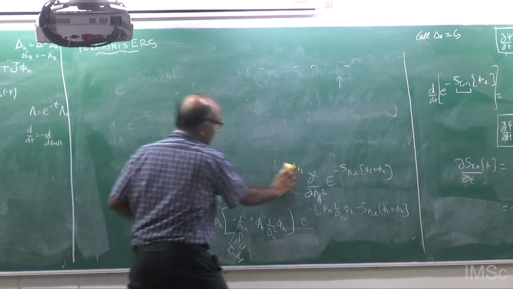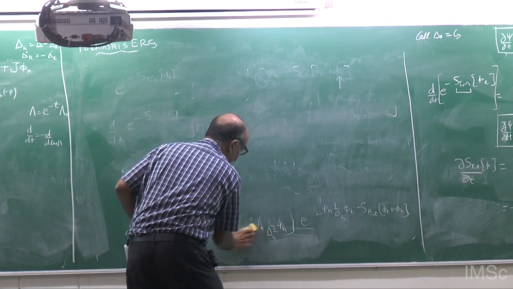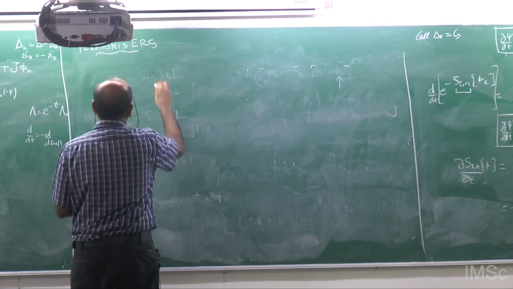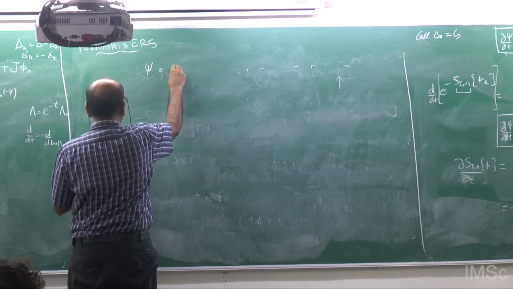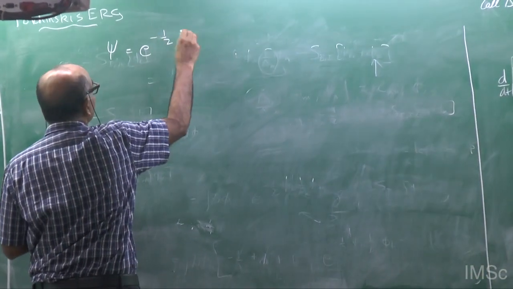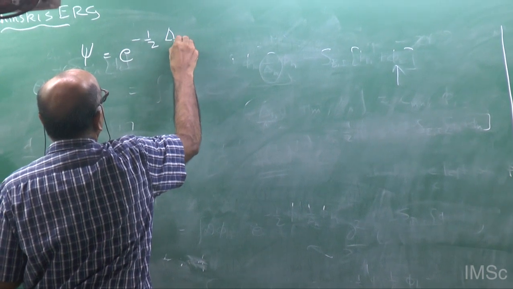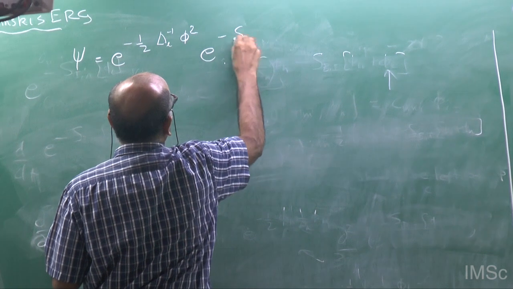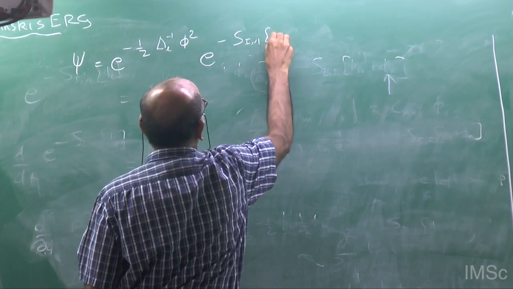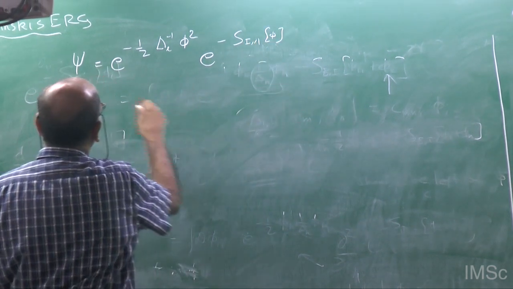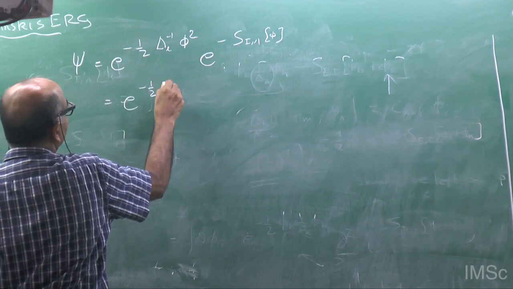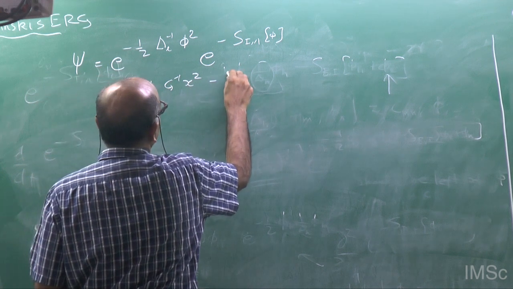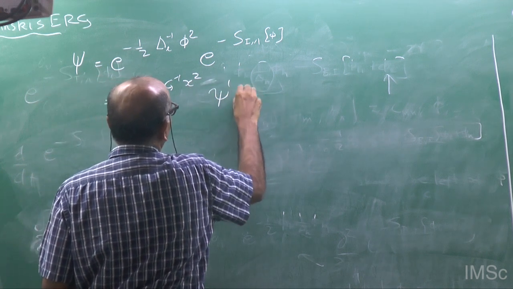I'll write down Polchinski's equation for the full S, and that will look a lot like Wilson's equation. The full S is defined by this object, e to the power of minus half delta L inverse phi squared times e to the power of S I lambda phi. In that notation, this is e to the power of minus half G inverse x squared times psi prime of x.